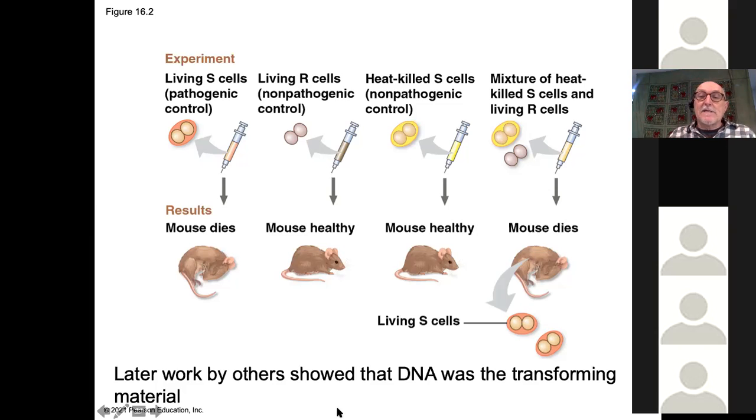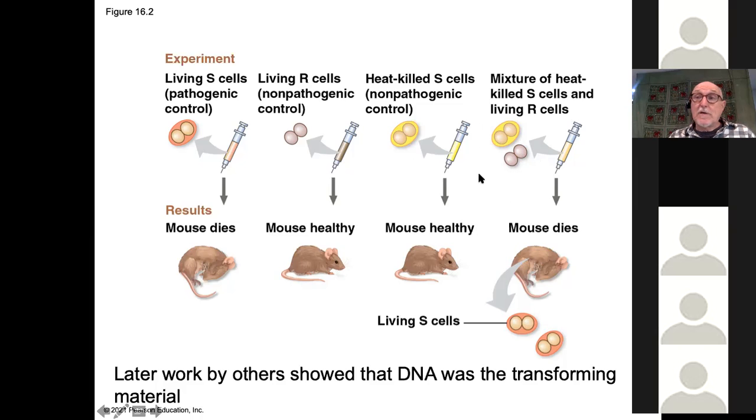But somebody redid this experiment, and what they did was they took this mixture here, and before they injected it into mice, they treated one lot with an enzyme which cut up DNA and destroyed it. And then they took the other solution and treated it with an enzyme which destroyed proteins.